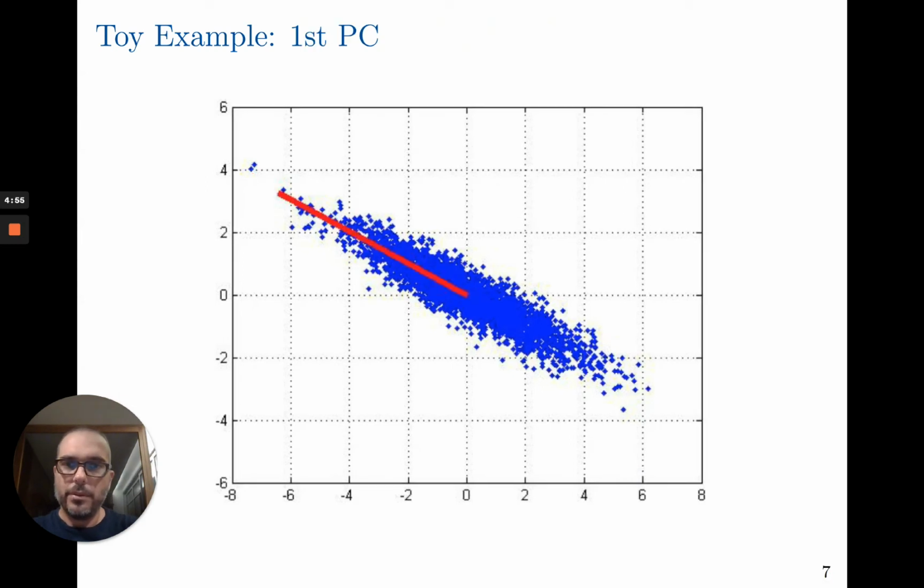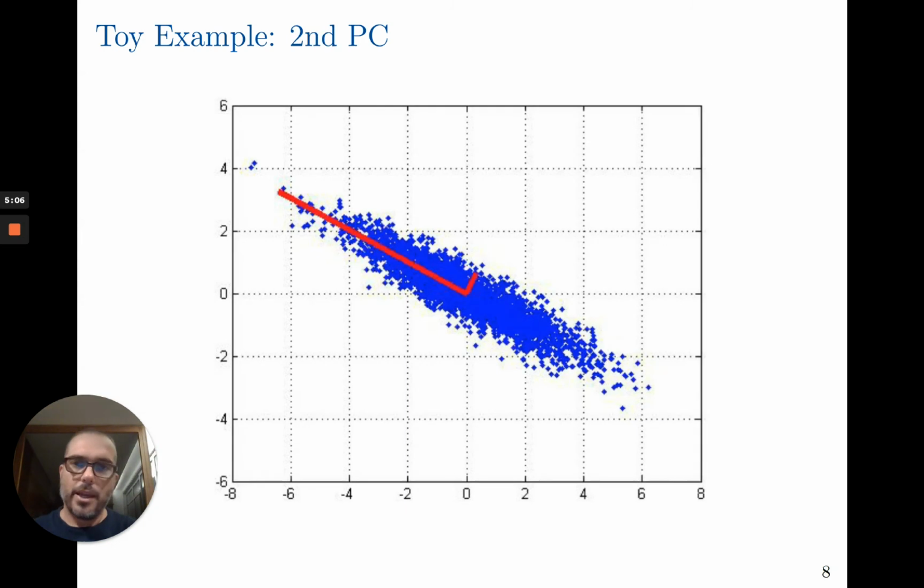To be very simple, we take one direction. If we project our data on this first direction here, we are going to have large variation. And the second direction there, if we project the data on this axis, on this direction, we are going to have this variability. If we project on the first direction, we'll have all that variability.